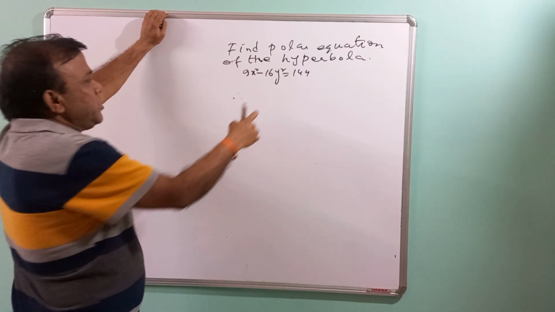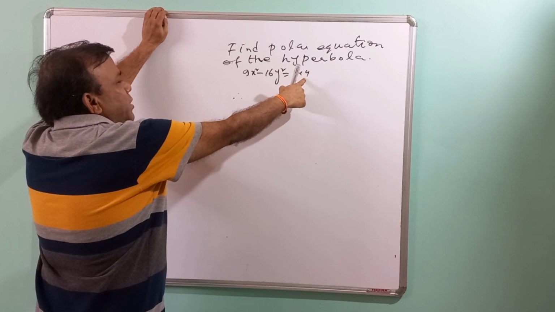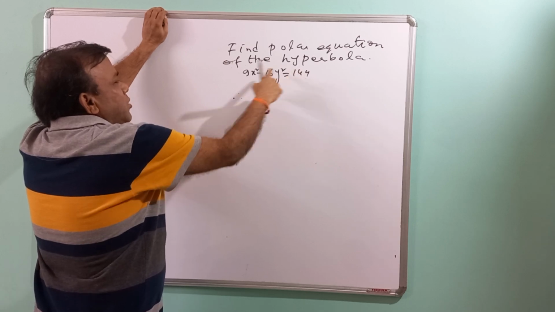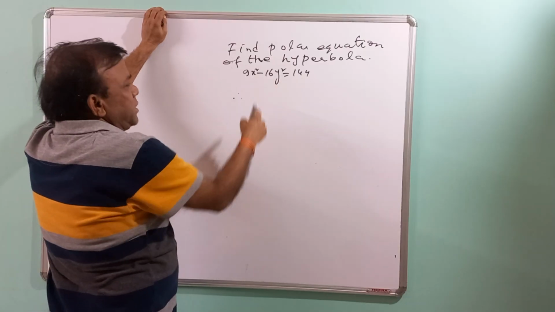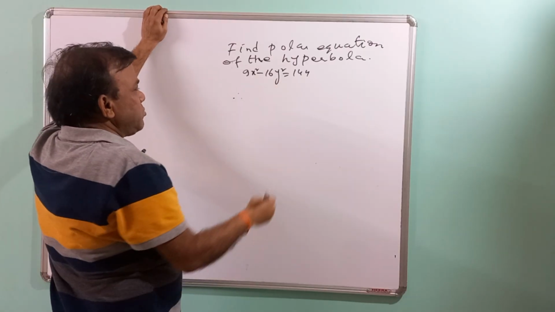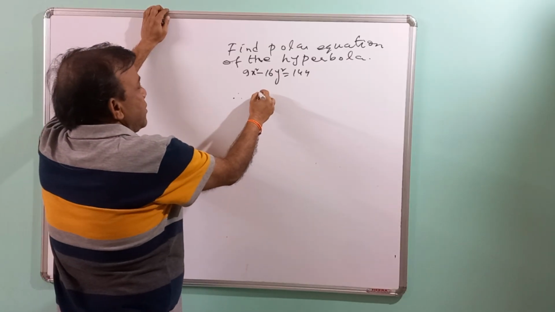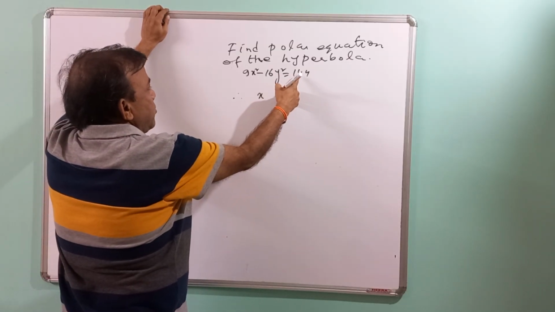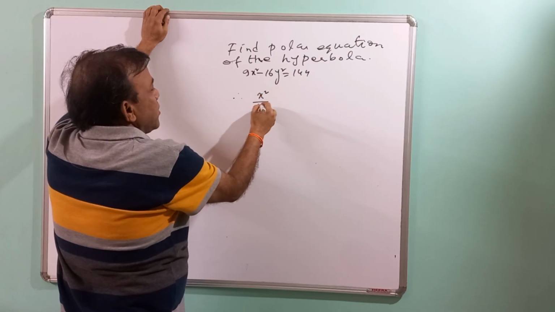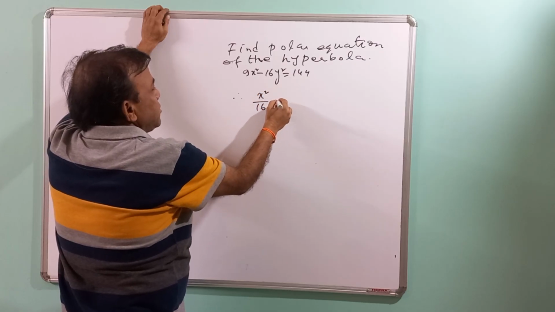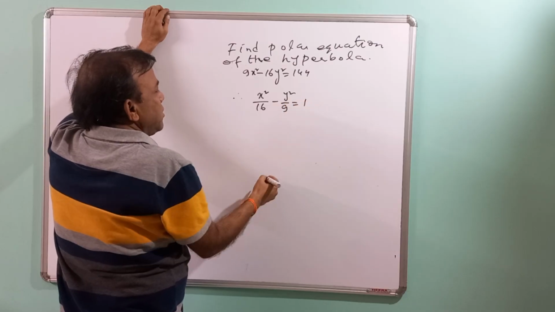First of all, we have to divide by 144 on both sides of the relation 9x square minus 16y square equal to 144, okay. Dividing by 144, we get x square by 16 minus y square by 9 equals 1.